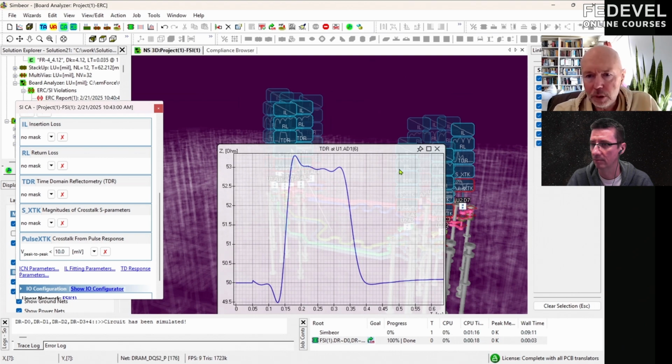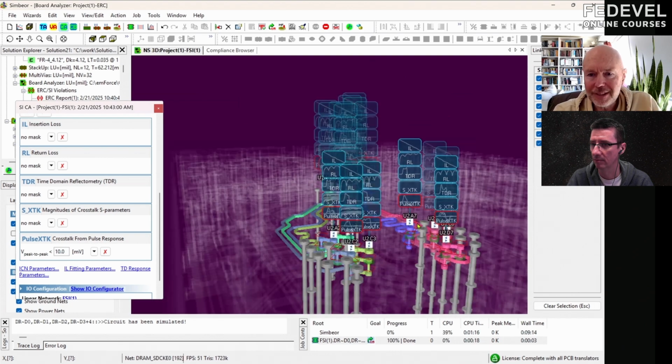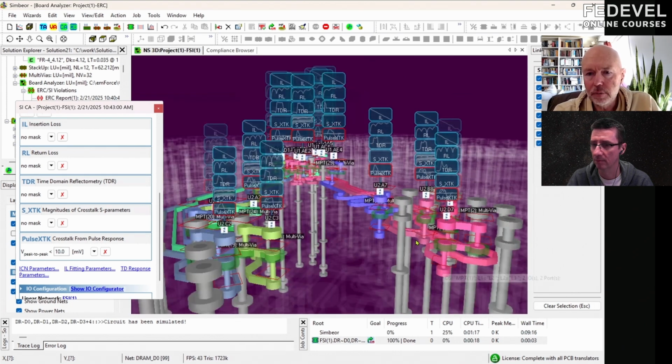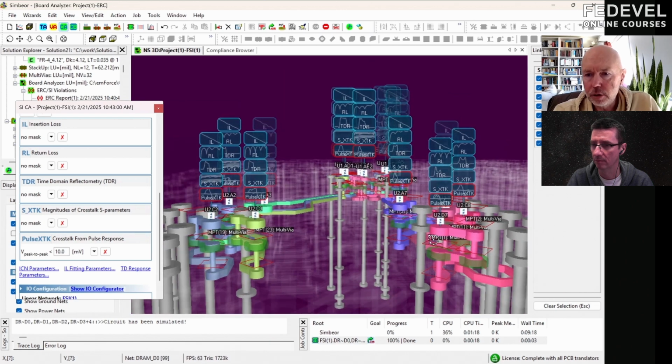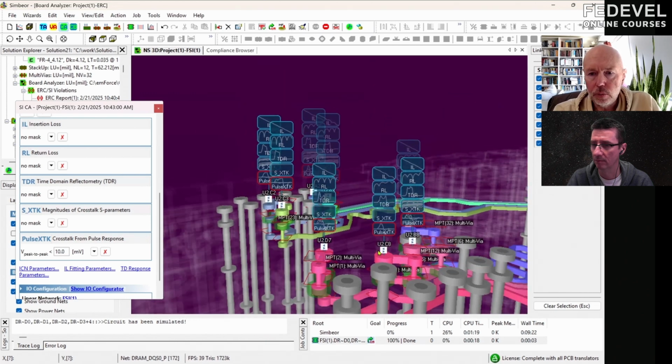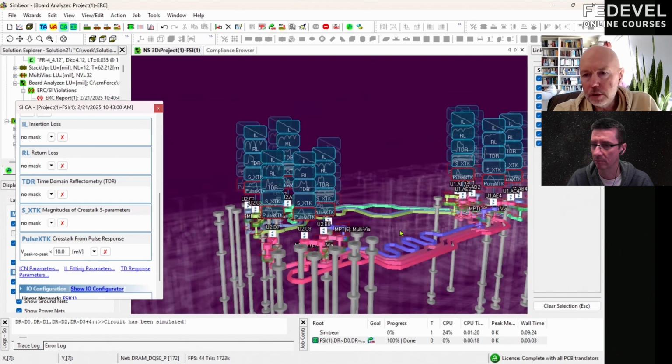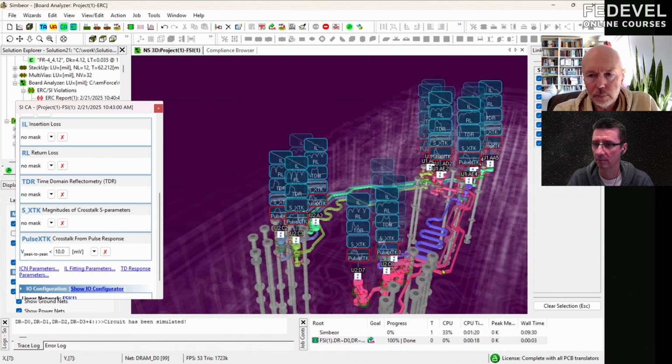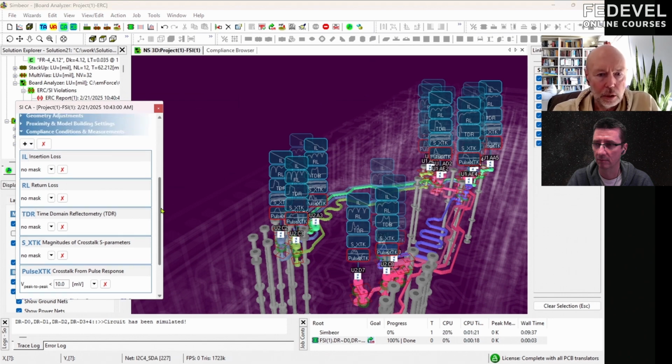So a lot of measurements, and a lot of measurements exactly at the location where they are taken. Those IOs shown here. So learning is really easy, especially this post layout analysis. We turned it into complete automatic mode.